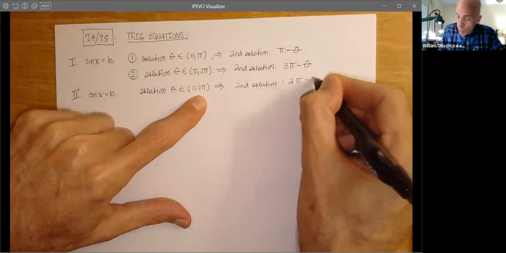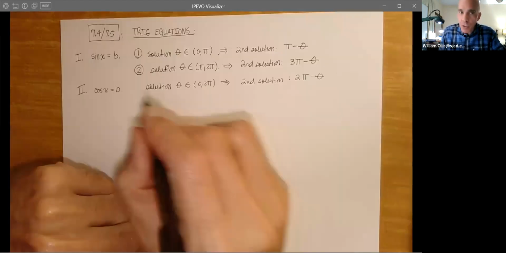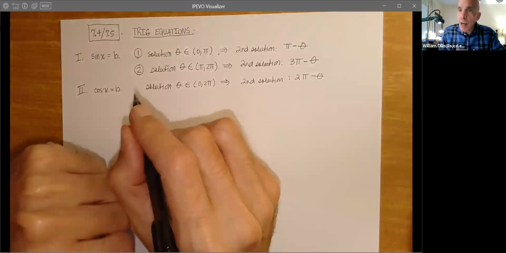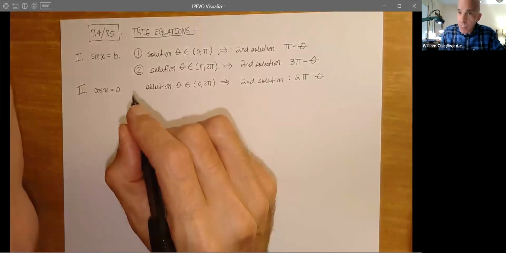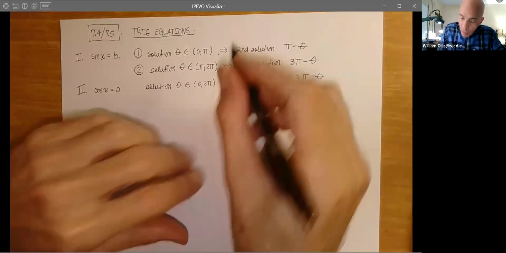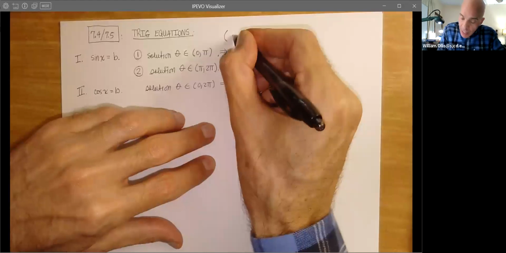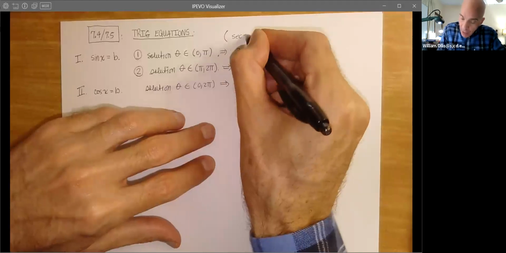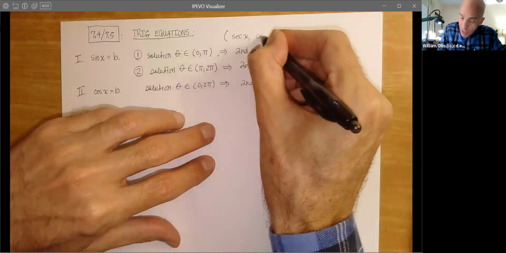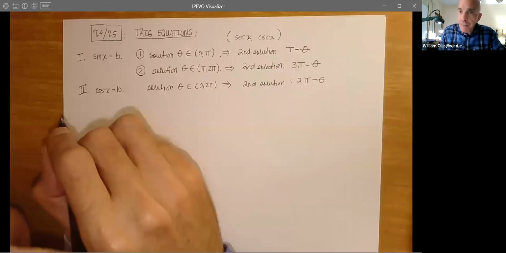So these are the rules for finding the second solution with sine and cosine, or secant and cosecant. So again, these also apply to secant and cosecant for equations that make sense.